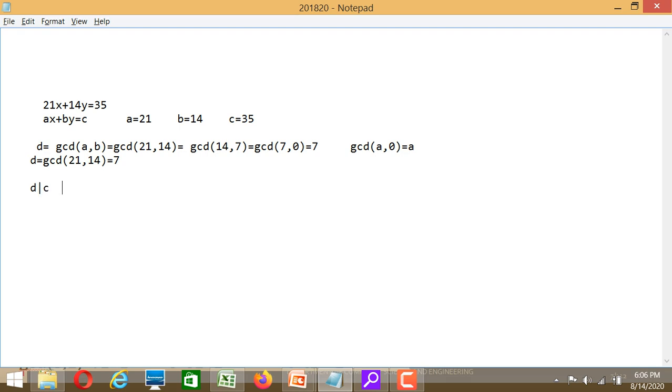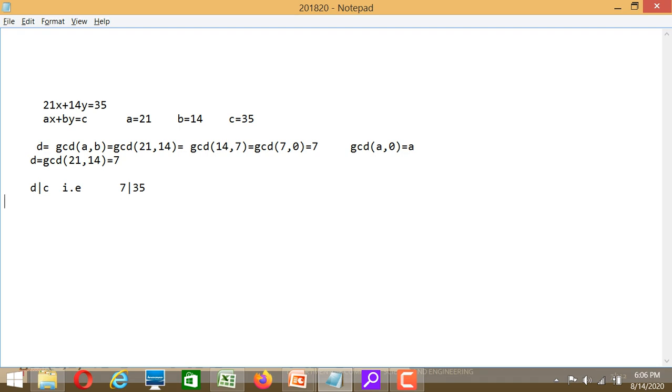If d divides c, that is d is 7 and c is 35, yes, 7 divides 35. That's why we have the solution for this one. If d is not dividing the c value, there is no solution. Here in this case 7 divides 35. That's how we have the solution.